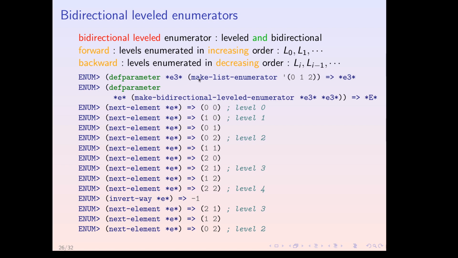So here is an example. I have here a binary product of 0, 1, 2, 0, 1, 2, and this is the bidirectional level enumerator that I build.